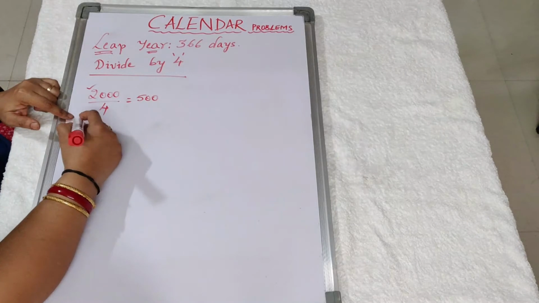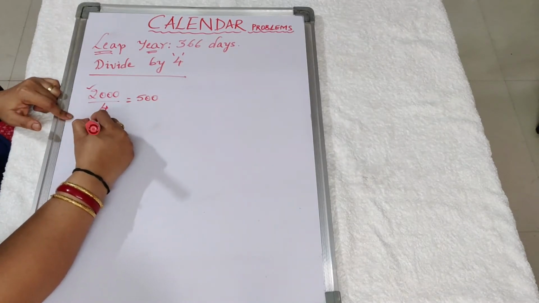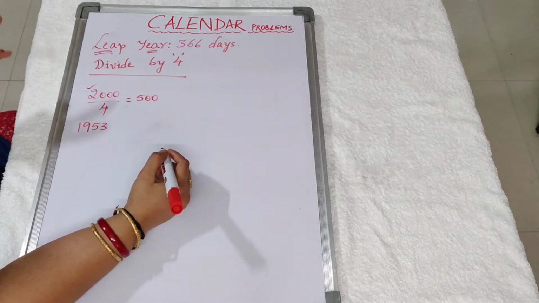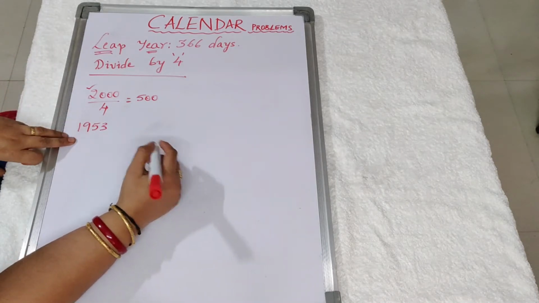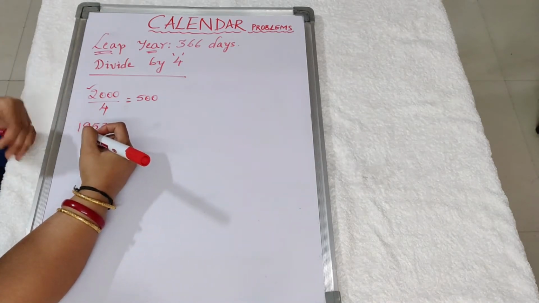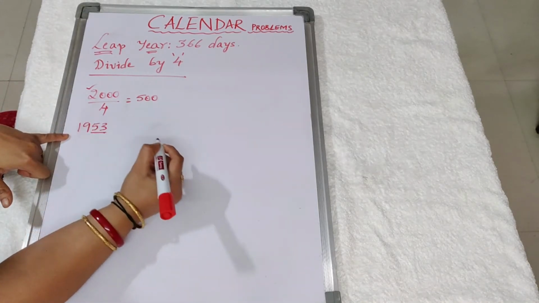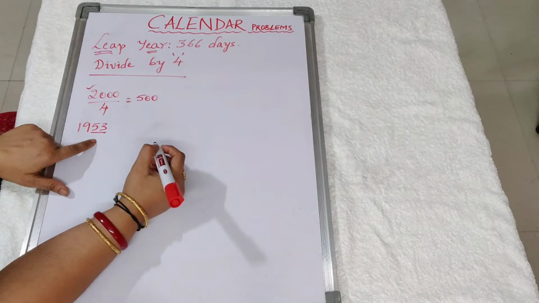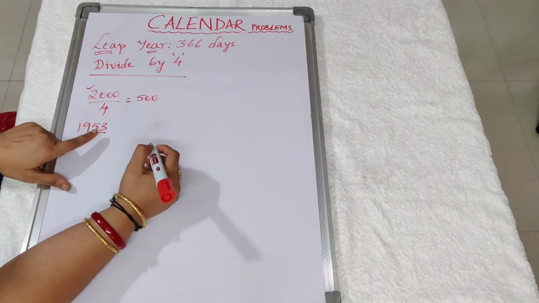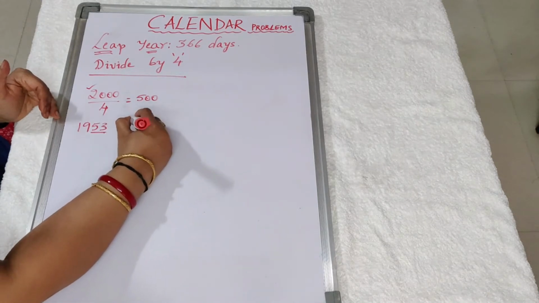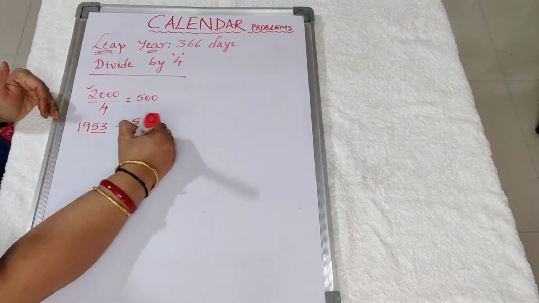Now, how do you find out if 1953 is a leap year or not? We avoid dividing all 4 digits. We take only the last 2 digits of that year and check if it is divisible by 4 or not. So 53 by 4.